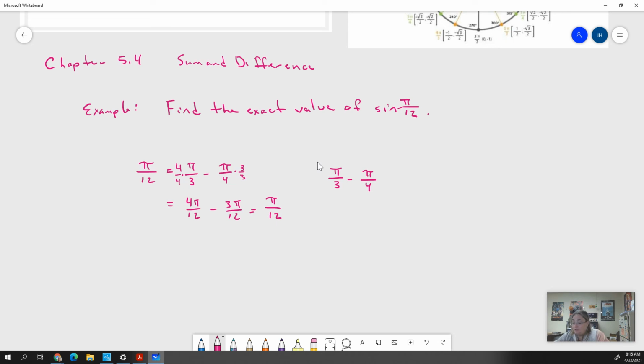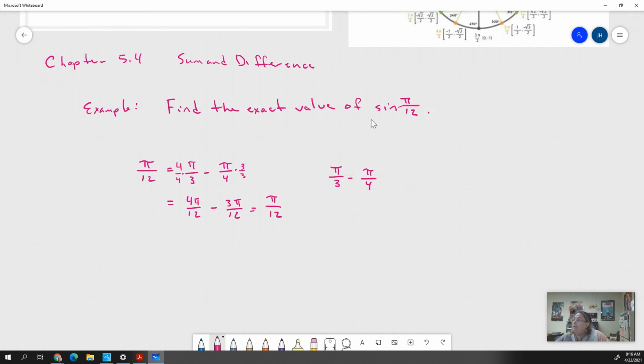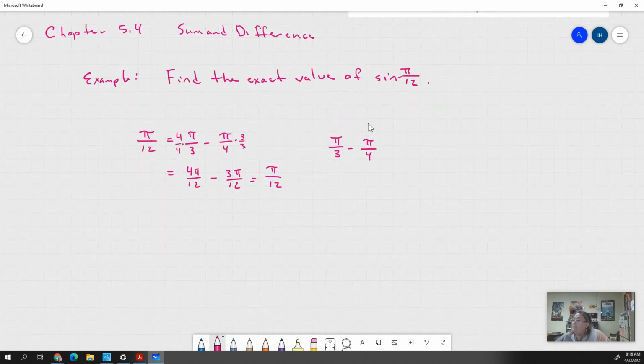They just look a little harder than they actually are, right? And if we go up here, I have pi over 3 minus pi over 4. So I can call this sine of pi over 3 minus pi over 4, right? It is equal to sine of pi over 12. I just broke down that fraction into something that I can work with, right?